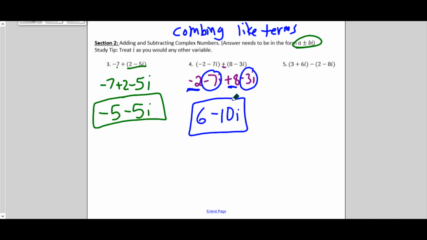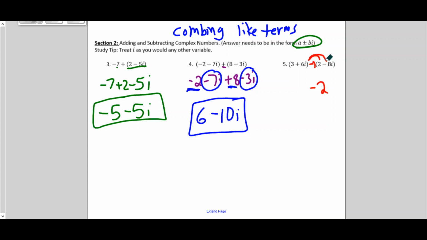And then the last example, I have 3 plus 6i minus 2 minus 8i. When there's subtraction in between, think of this as saying like negative 1 in front of that second set. You need to distribute it. So that's going to be the first thing you do. So negative 1 times positive 2 is negative 2.